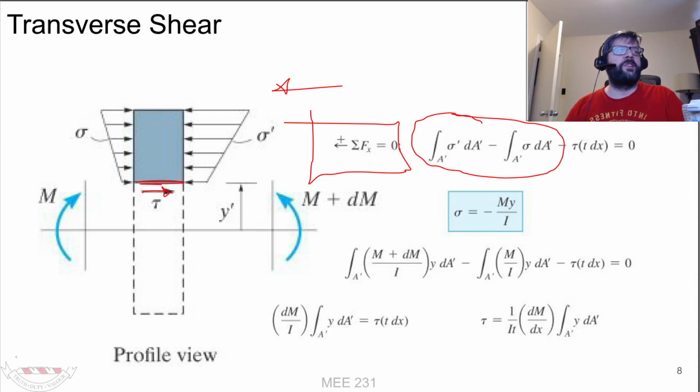So the shear stress times the area there, that's the dx, the tiny little slice, and the thickness of the beam, needs to be equal to 0.